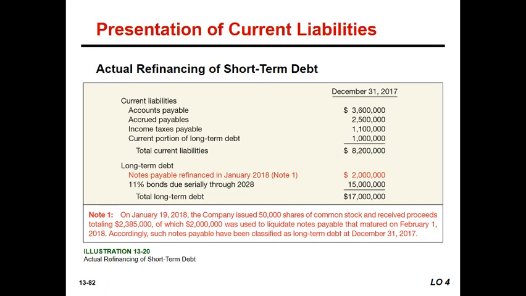Accordingly, such notes payables have been classified as long-term debt on December 31st, 2017. Is classified as long-term debt for the December 31st, 2017 balance sheet because it was refinanced using an equity issue and was not satisfied using current assets.